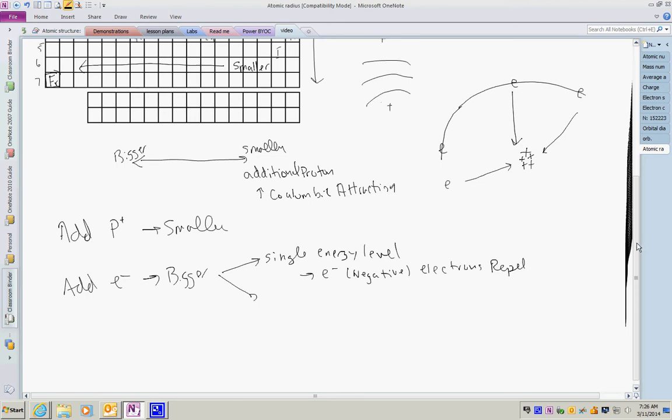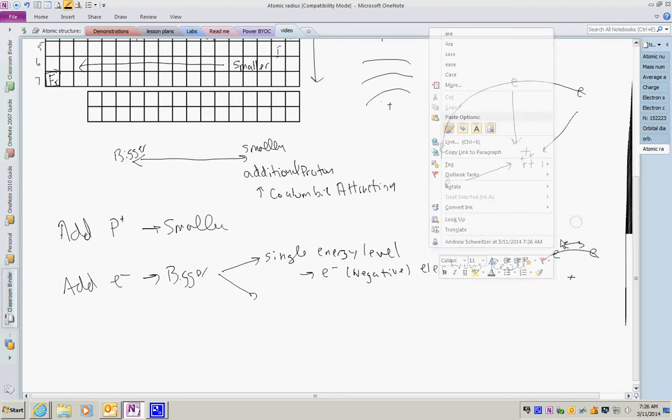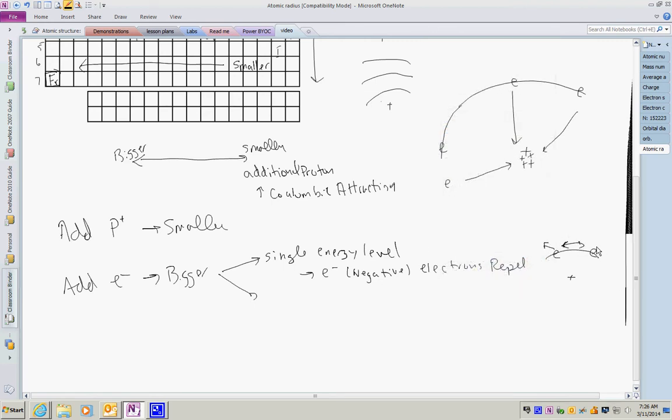So in this case, if I were just to add electrons, keeping the number of protons the same, to a single energy level, they don't necessarily like each other all that much. So it is going to swell slightly away and get slightly bigger.